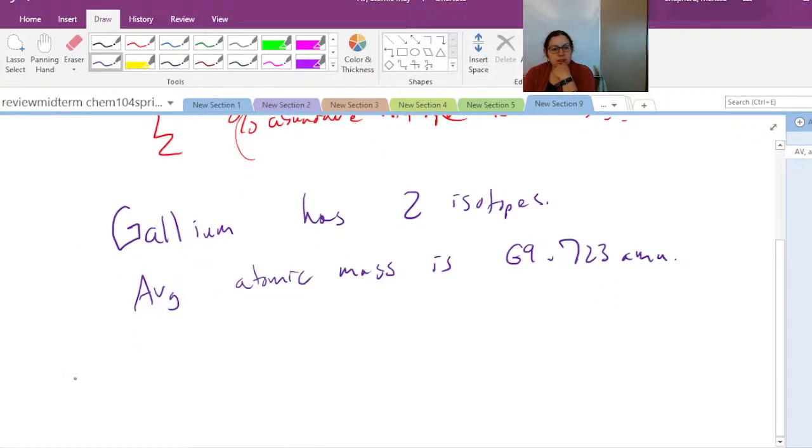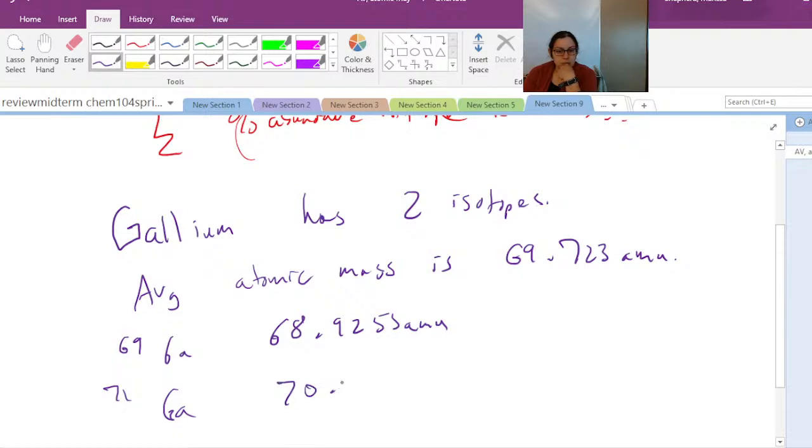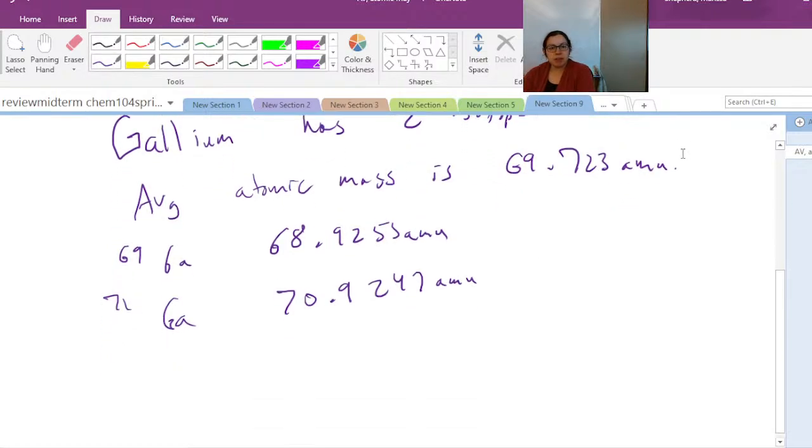And so given that gallium-69 is 68.9255 AMU, and gallium-71 is 70.9247 AMU, what's the percent abundance of each?